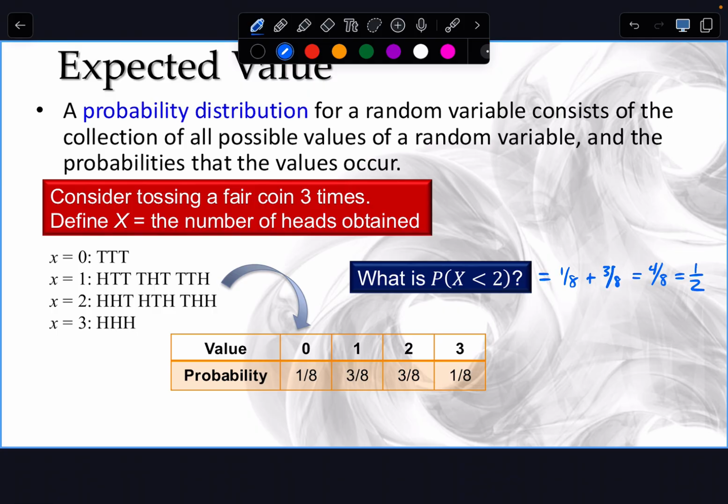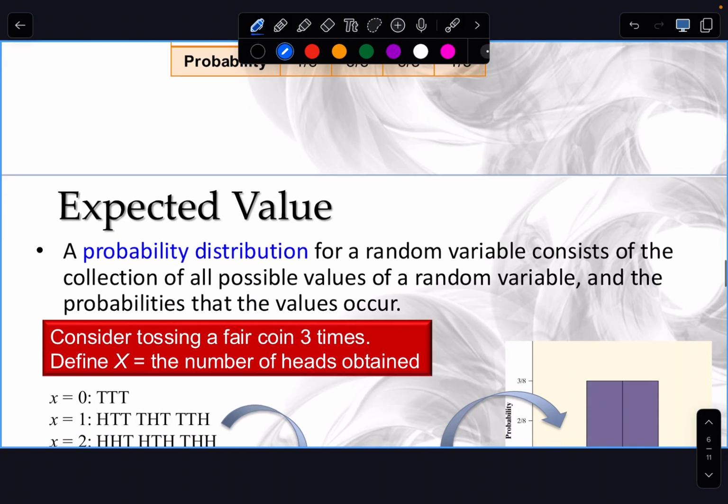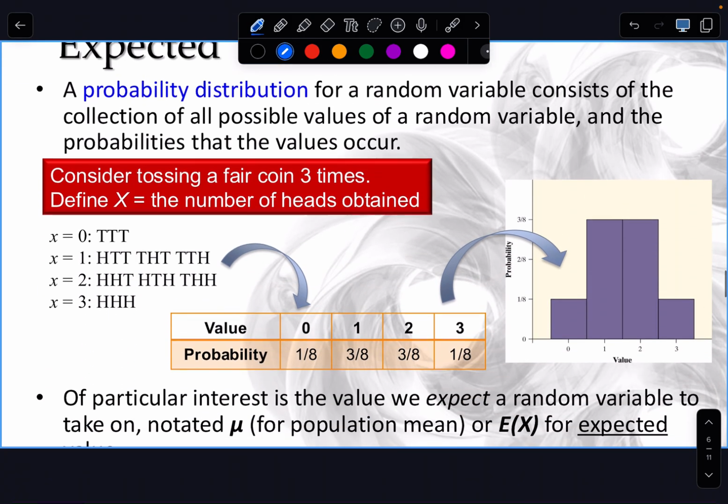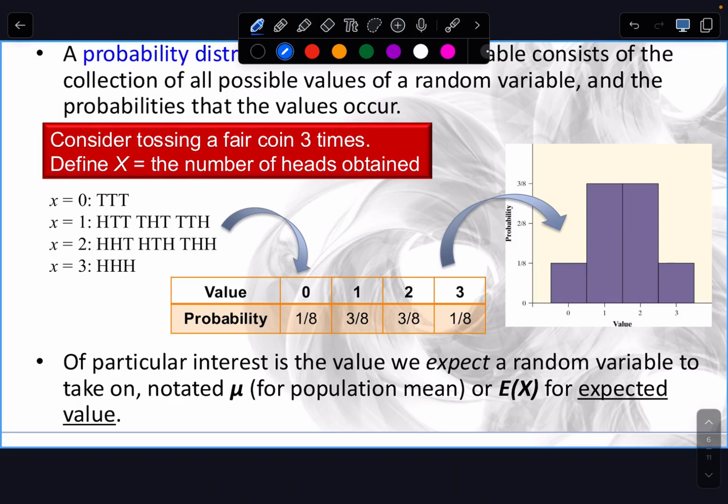So calculating probabilities is going to be one thing, using that general addition rule, using the complement rule. The other thing, and probably more importantly, when we deal with these probability distributions, is calculating what we call an expected value.